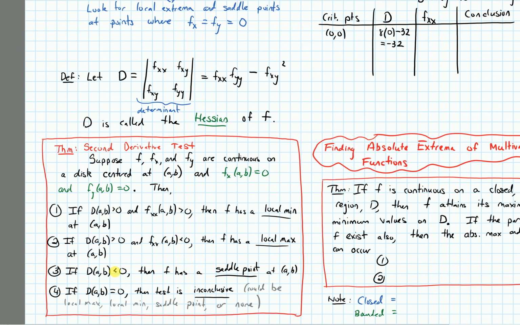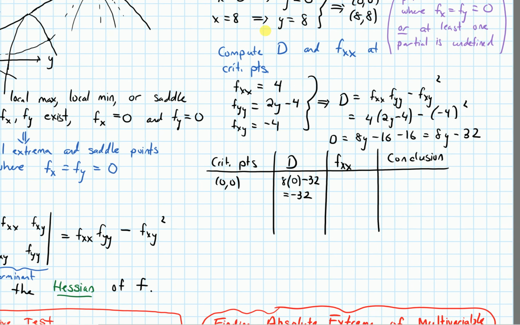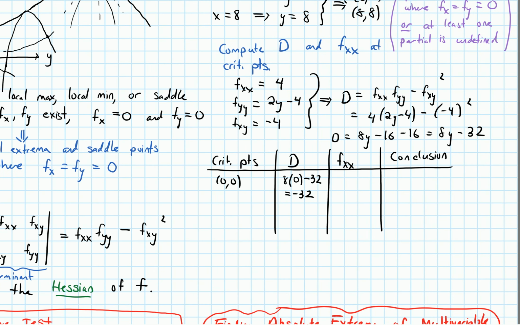It says when D is negative, we don't even need fxx. It's a saddle point. So fxx was not needed here because D is negative. The conclusion is we have a saddle point, because D, the Hessian, is negative. That's what we have at one of our critical points.